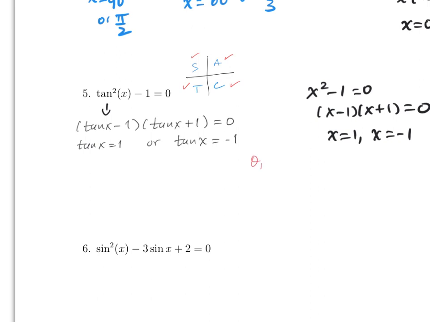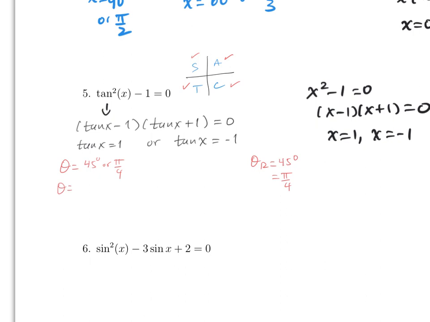The only angle for tangent that gives you 1 is 45 degrees. That's, again, one of the special triangles we used before. So this is the reference angle. So if you are on the first quadrant, well, theta is 45 degrees or pi over 4.